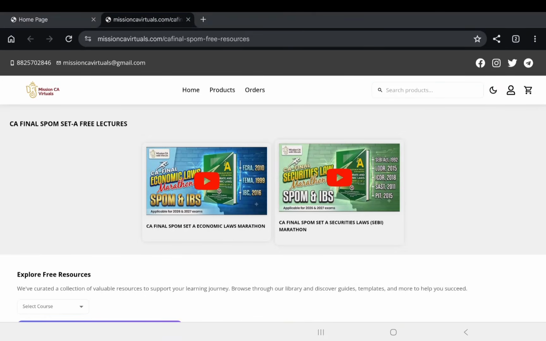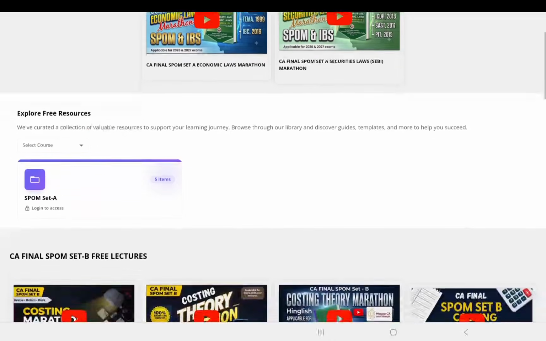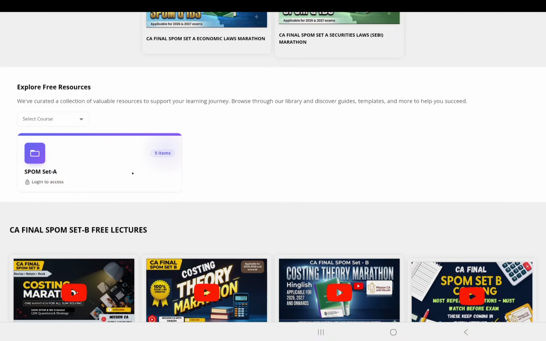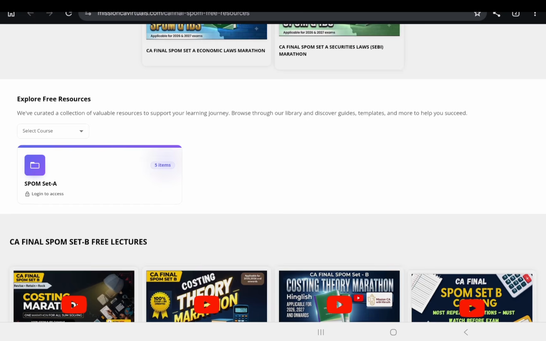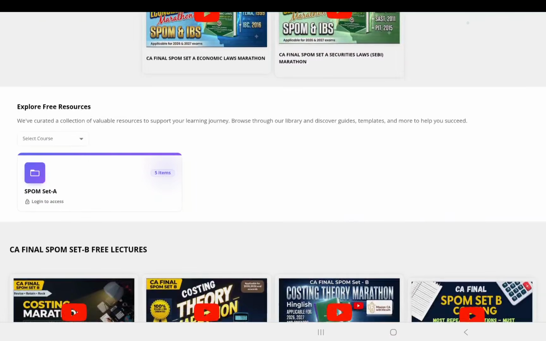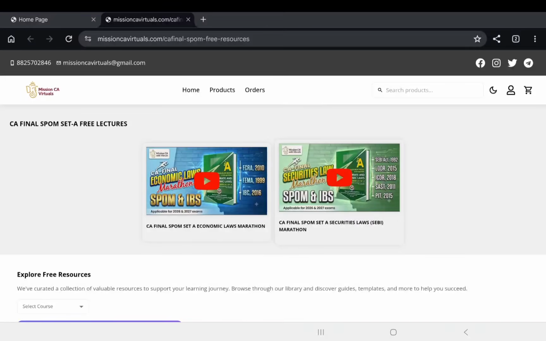Instead of scrolling through Telegram channel, word messages and all, you can just come here and find these resources. You just have to log in into the website, then you can access the resources for free. All the YouTube channel links, YouTube video links, and the resources PDF, everything will be uploaded here. Inside the Set A folder, it will be available. So you can easily come into this website, log in with your mobile number, and then view the PDF resources.